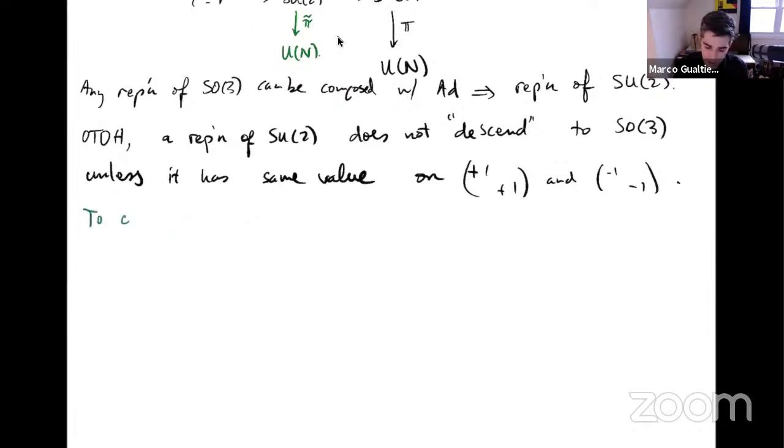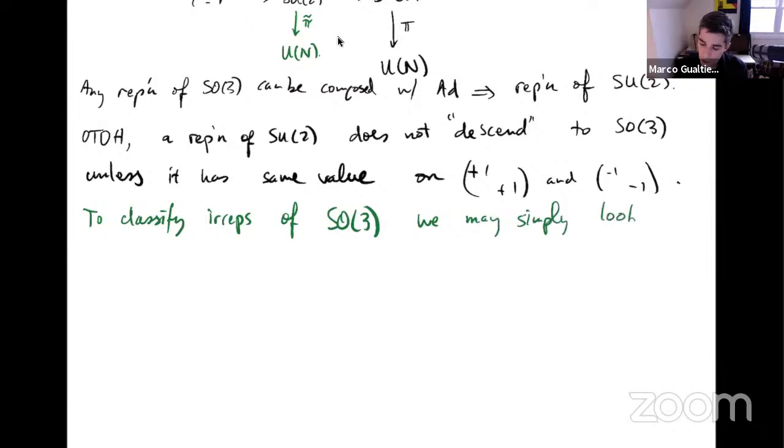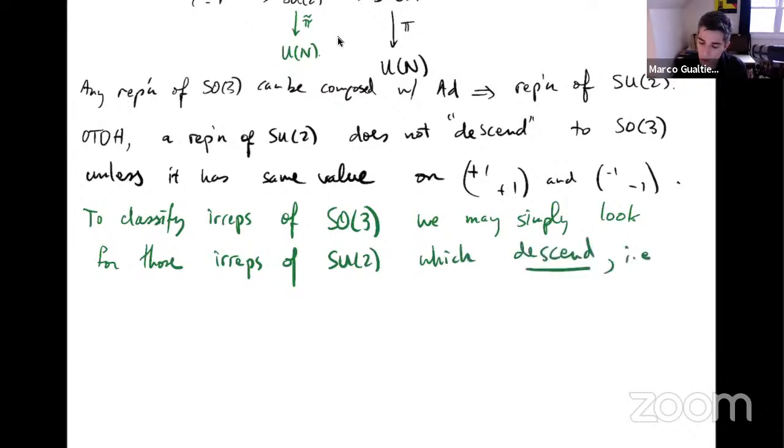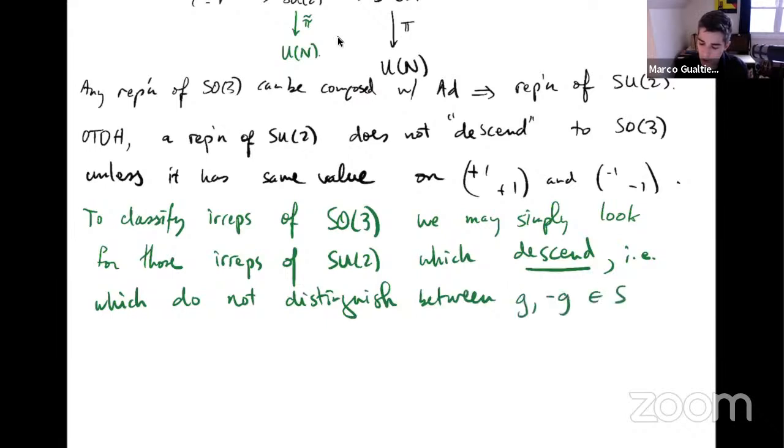To classify irreducible representations of SO3, we may simply look for those irreducible representations of SU2 which descend, which means that they do not distinguish between G and minus G inside SU2.